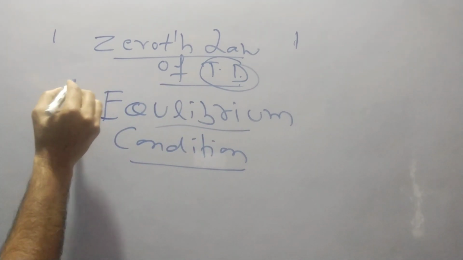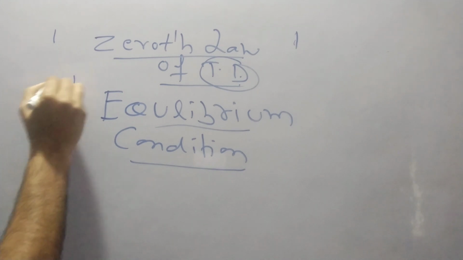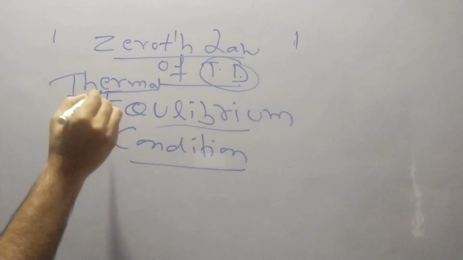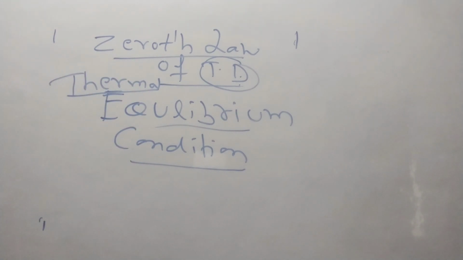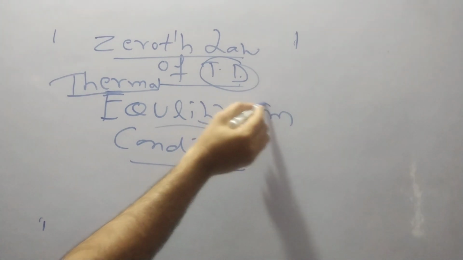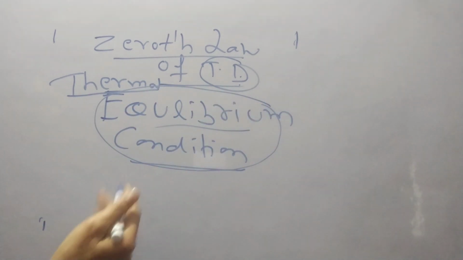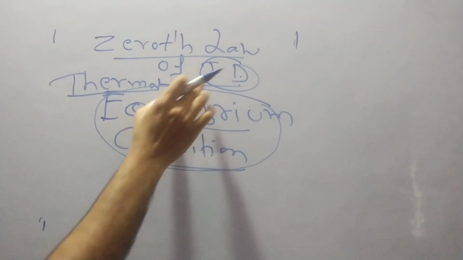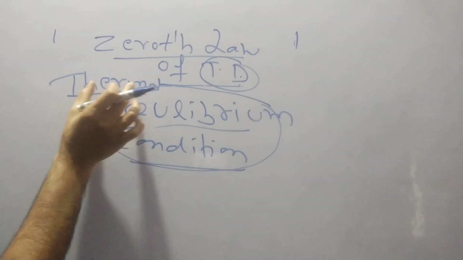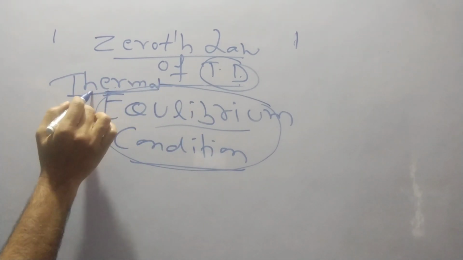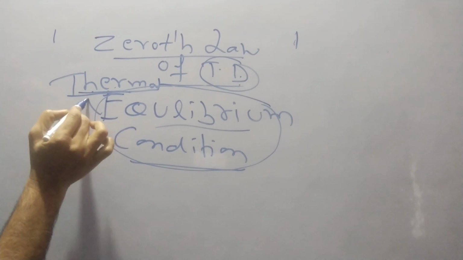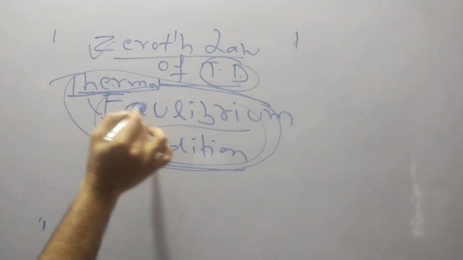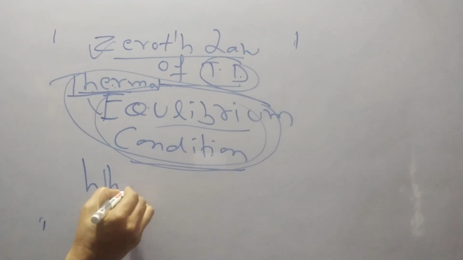Heat means temperature, or thermal. Equilibrium usually means when forces are equal. But here we are not dealing with forces, we are dealing with temperature. So we use the word thermal before equilibrium. In the zeroth law, we use the condition thermal equilibrium. What is thermal equilibrium? When temperatures are equal.